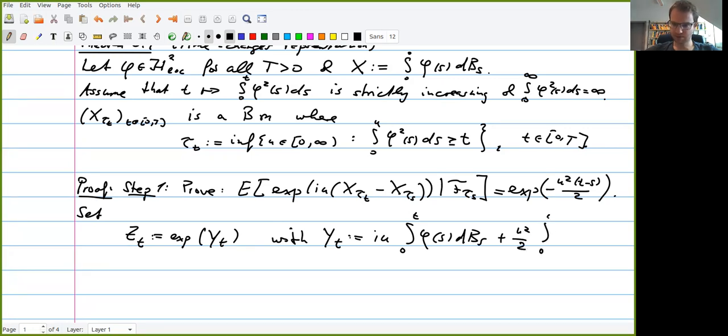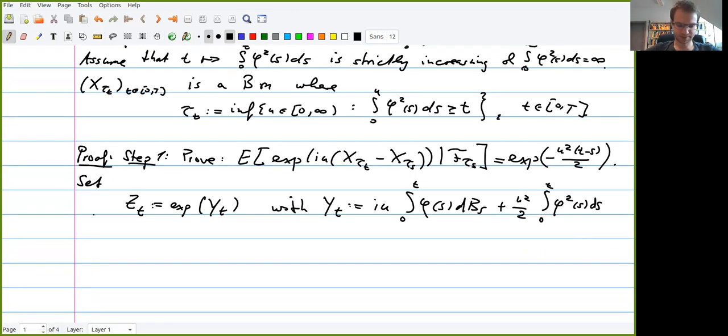Thinking of the martingale representation theorem, you might realize that we have considered similar processes. So this means y is a complex valued Ito process.